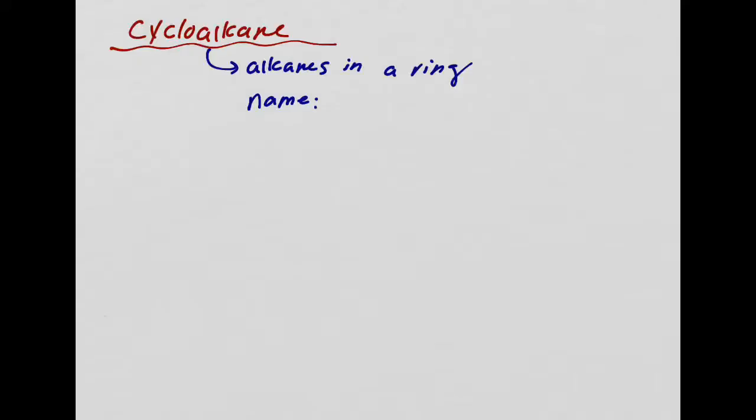How would you name them? You would just do cyclo and then the alkane name. So to name them, you would just say cyclo and then here you would put the alkane name.